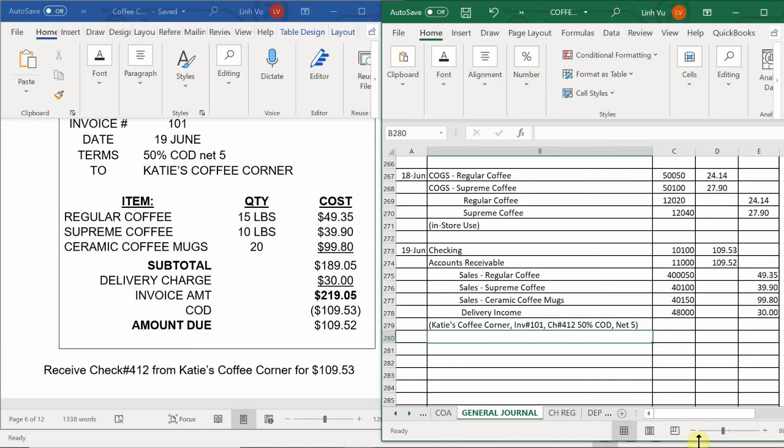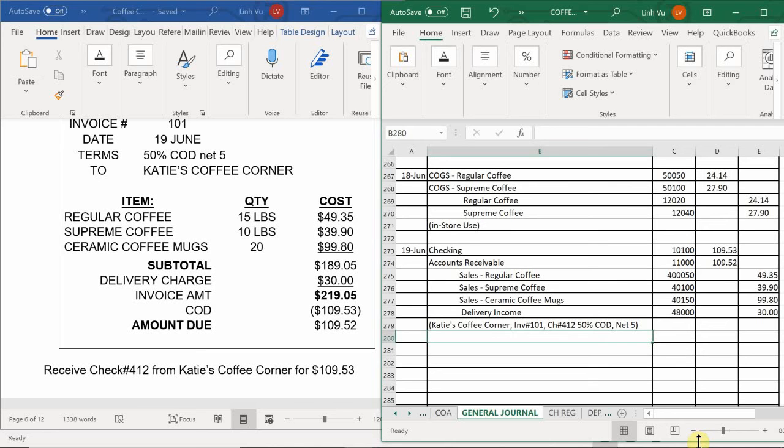So now that our journal's complete, what should be the next thing I should do? Quick question. Do we need to journal to take that out of our inventory, or did you guys do that yesterday?